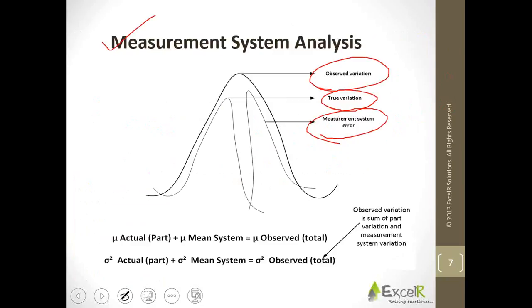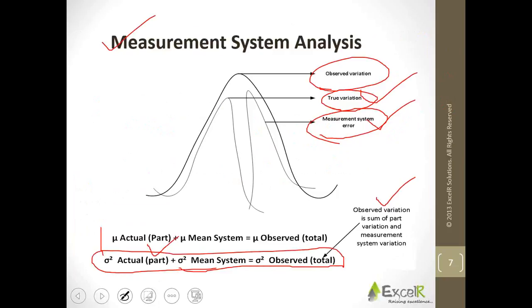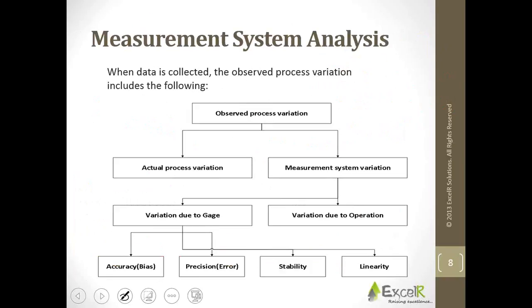There will be some measurement error and there will be some variation. That is the true variation. True variation can exist, but measurement system error should not exist. Right? Look at this. Observed variation is the sum of part variation and measurement system variation. We'll understand these in detail once we look into the exercise.